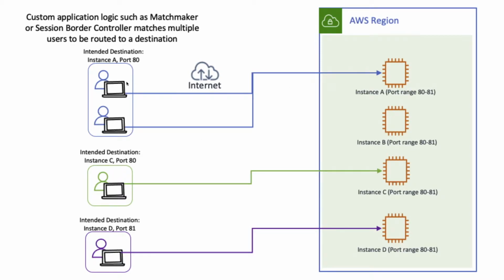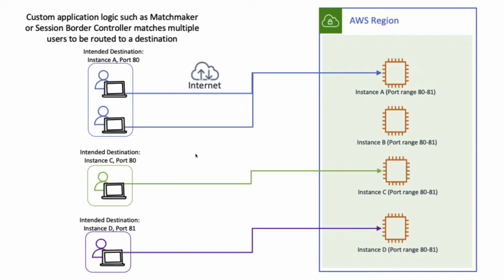Like in this case, these two users will be routed via the internet, and they will be connecting to the instance, say on port 80. This particular user will be connecting to instance C. So all this logic of which user will go to which instance, you have to write in your application.